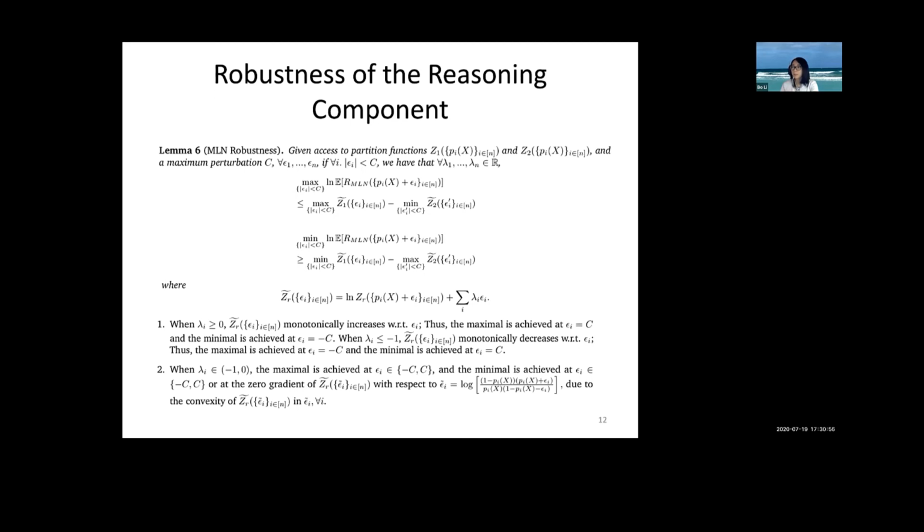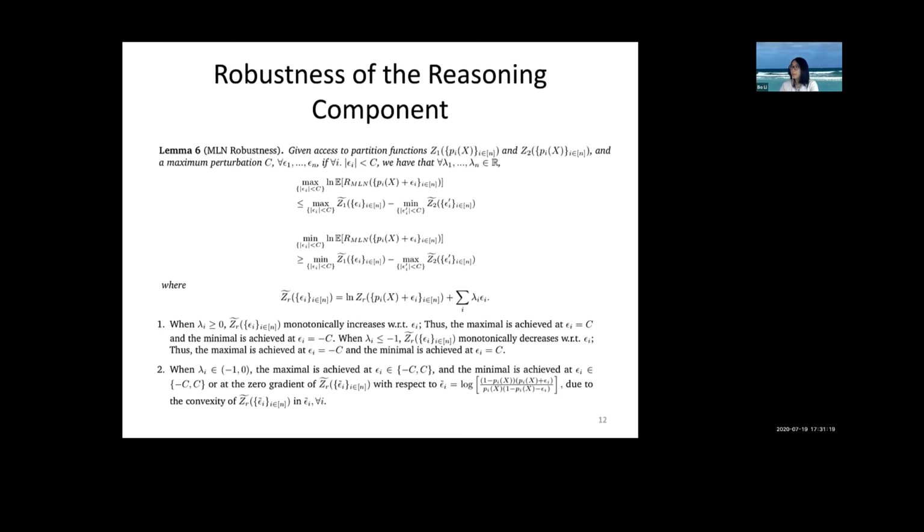Because of the non-convexity and non-monotonicity of neural networks, solving the exact min-max problem is hard. But here, because we have knowledge about the possible worlds from domain knowledge, it is possible for us to solve the min-max problem.